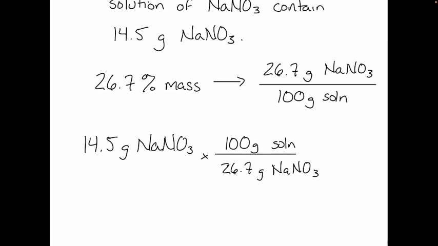So I'm going to be dividing by that 26.7 and then multiplying by 100 to give me 54.3071. What are my units? Gram solution.